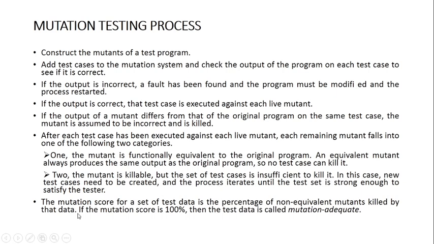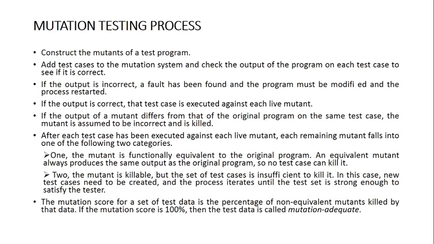In this case, new test cases need to be created, and the process iterates until the test set is strong enough to satisfy the tester. The mutation score for a set of test cases is the percentage of non-equivalent mutants killed by the data. If the mutation score is 100, then the test data is called mutation adequate.